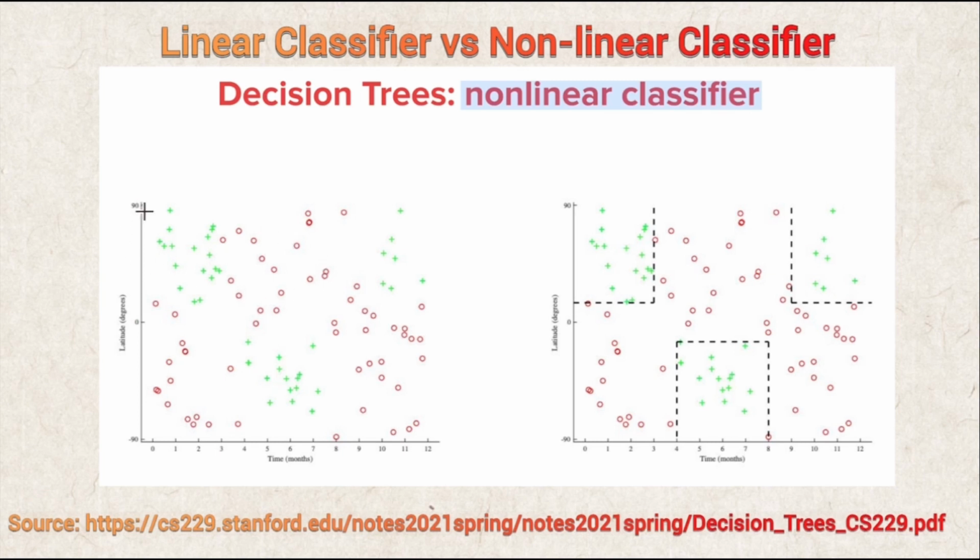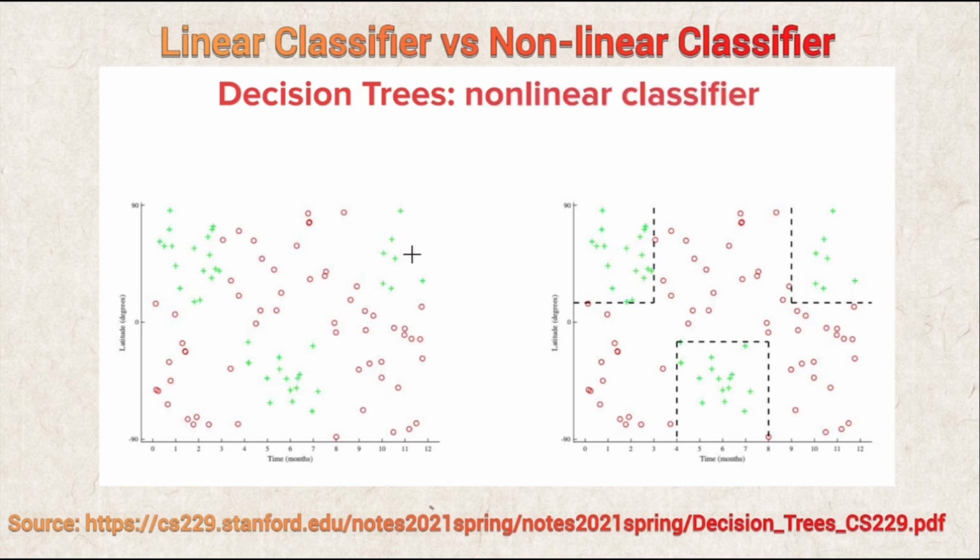You have a positive angle in degrees, then you have the southern hemisphere, and this is the equator. In the northern hemisphere, the earlier and later months are suitable for skiing, and for the southern hemisphere it is the opposite. So we need a binary classifier to predict whether we can ski or not at a given location and at a given month. This is a binary classification problem.